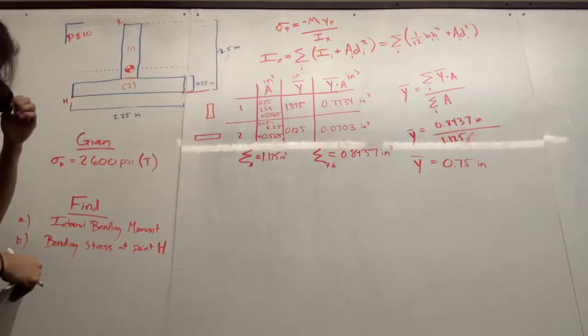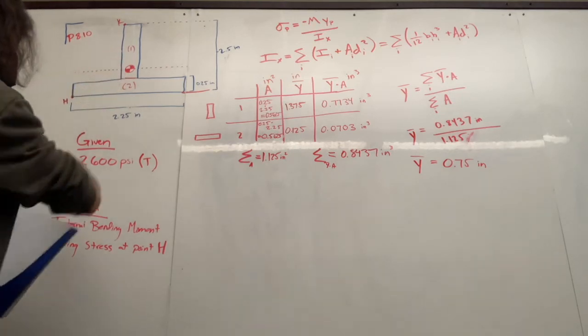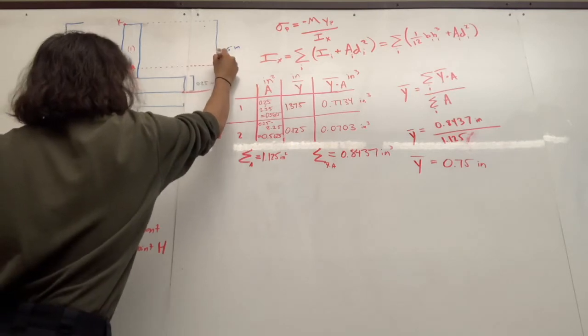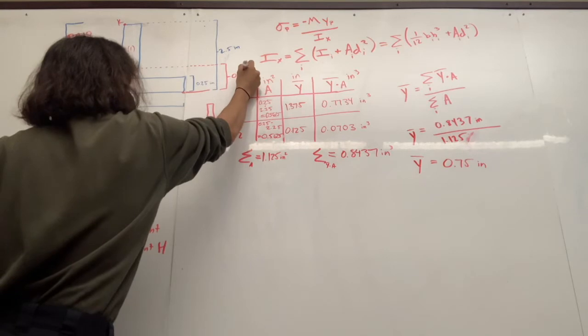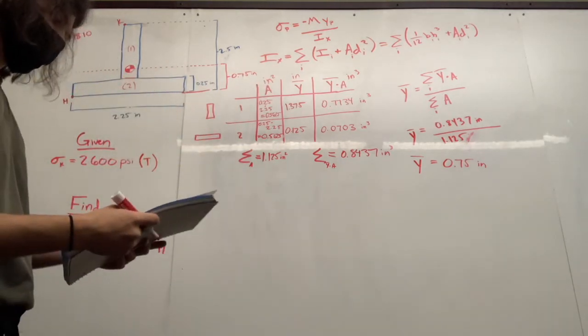So this symbol symbolizes the centroid. This line is that y value. So we know that from here to here is 0.75 inches, and that's the location of the centroid.